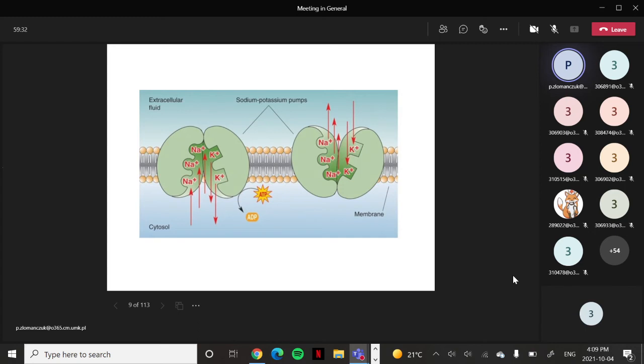In some neuronal cells, it takes up to 2/3 of all energy that is used by the cell. So if you have, say, 2 or 3 sausages in the morning for breakfast, energy from 2 of those sausages will go to the transport of sodium and potassium ions in some neurons.